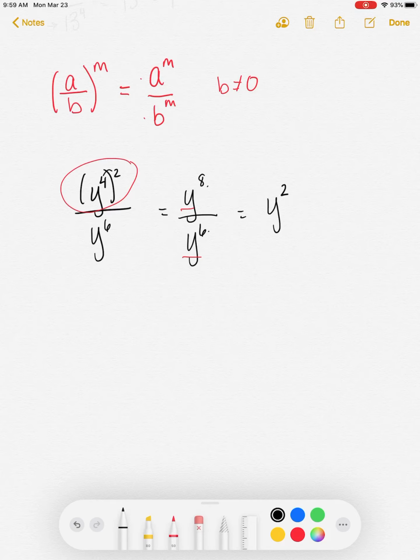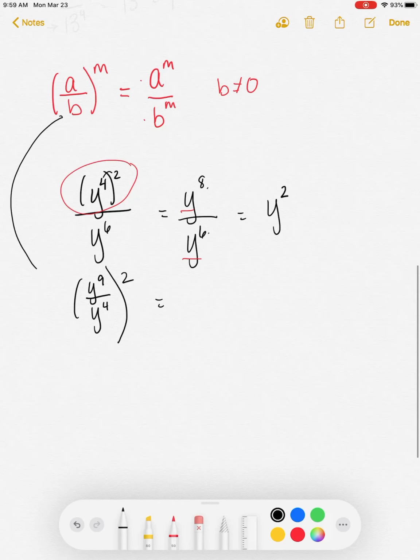Okay, let's try another one. Let's actually use this one a little more here. So let's say we have y to the 9th divided by y to the 4th, all squared. Now this is the property. It just so happens that a and b are the same thing. Note that the order of operations says we do whatever is inside the parentheses first.